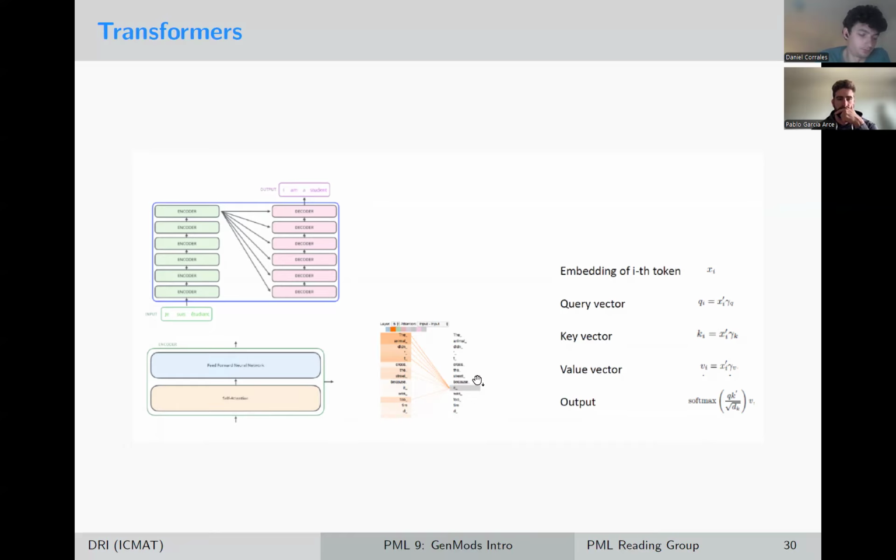So for each token in a sentence, we find how much it relates to the earlier tokens.